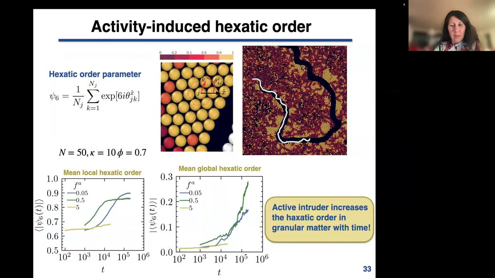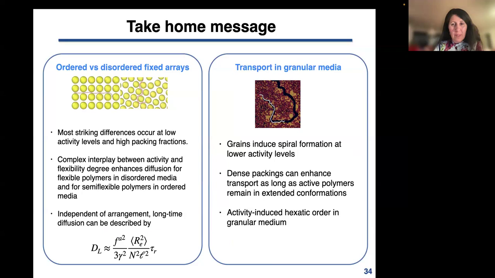So I would like to end here and just make a summary of what we have learned so far. Of course, I'm looking forward to hearing your feedback, either in connection to experiments or ideas about the granular system. The first question was how the arrangement of obstacles affects the transport of the polymers when you have fixed obstacles.